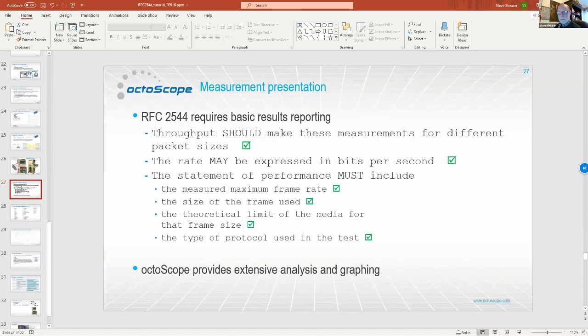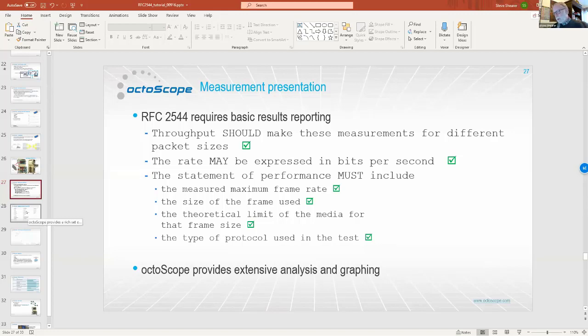It really amounted to a table of a bunch of numbers, and that's pretty much what it was. You can look in the RFC, where things may be expressed, should make measurements, and so on.